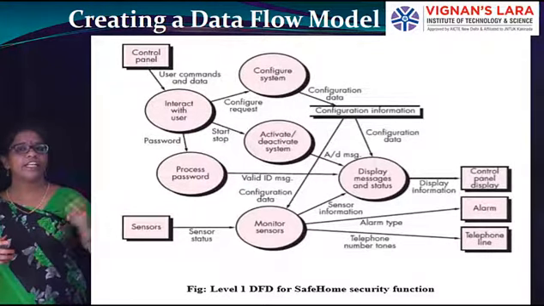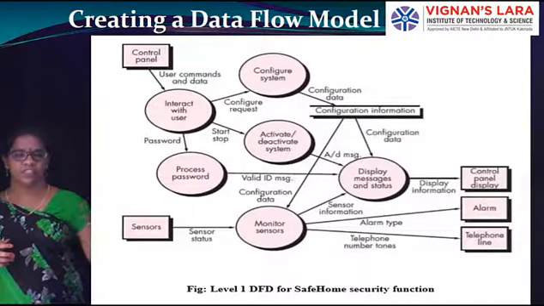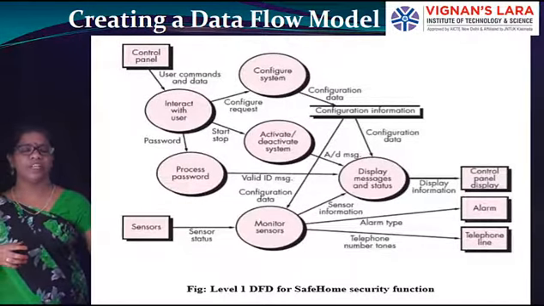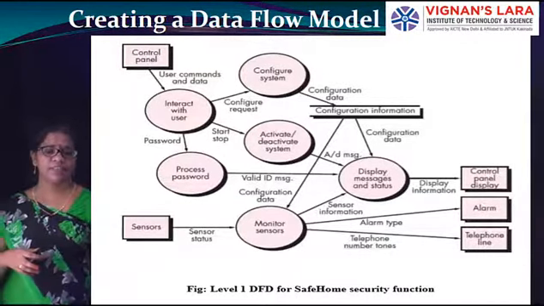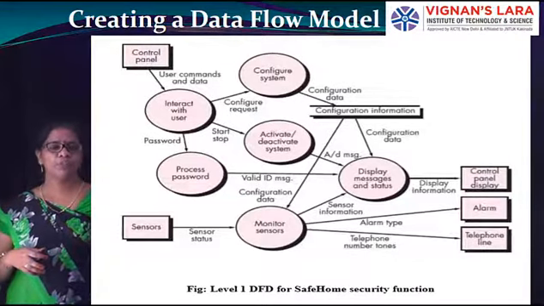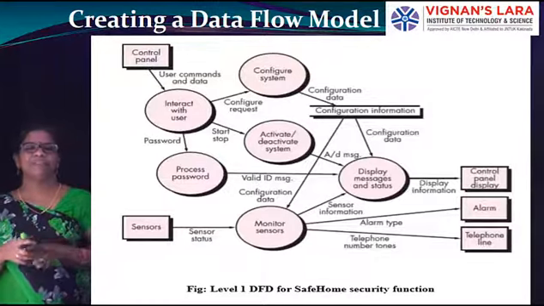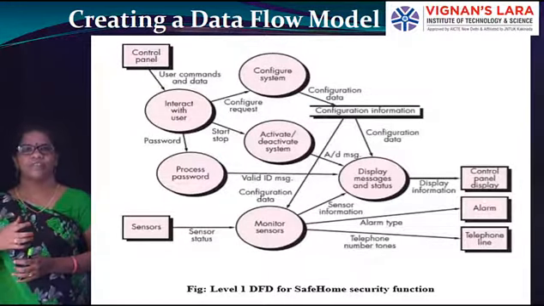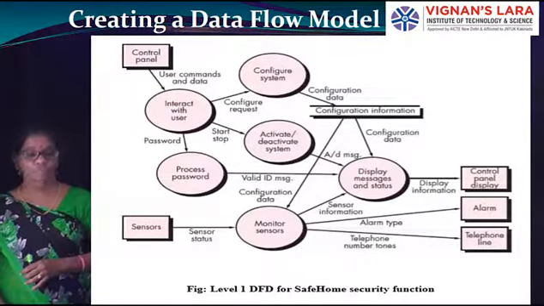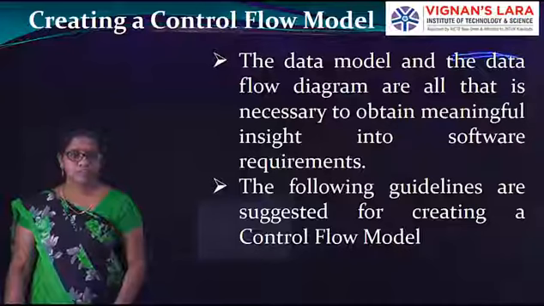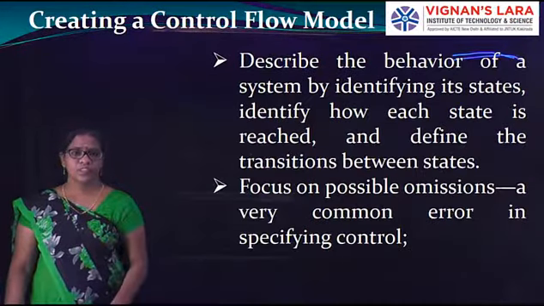Internally, which action will go for what, and from there where it comes, that is level 1. In detail we'll go to level 2. For this level 1 diagram, whatever the actions are, we are drawing one state diagram.